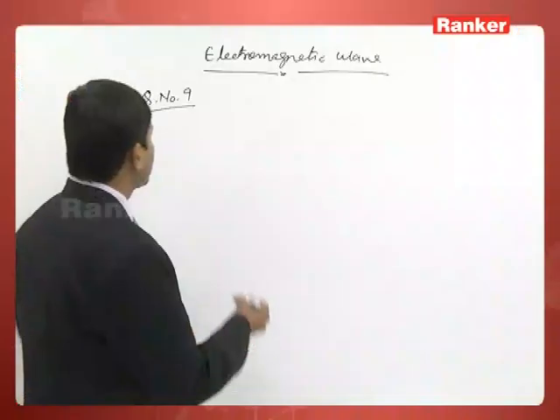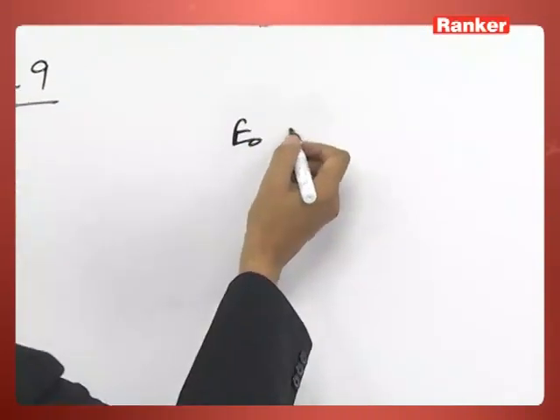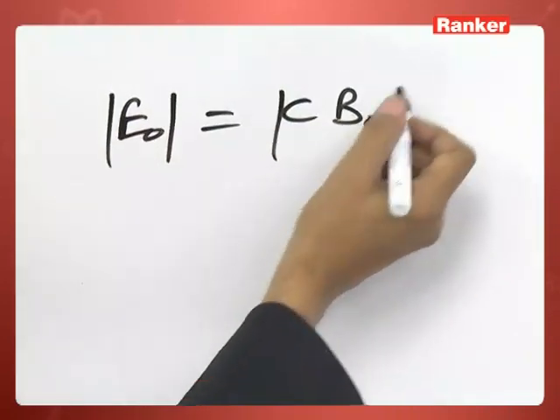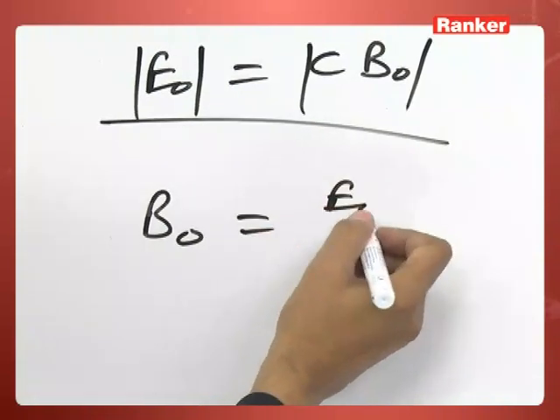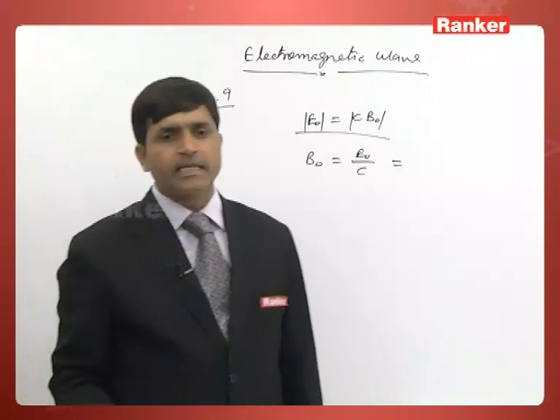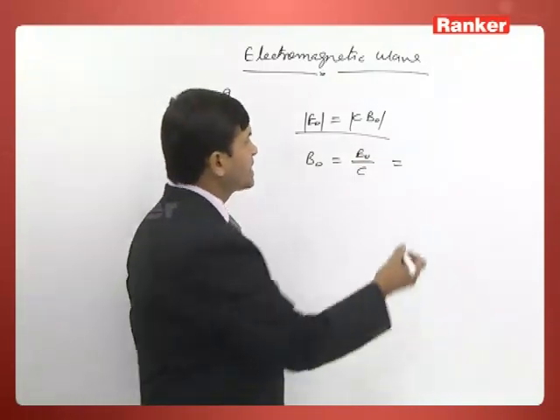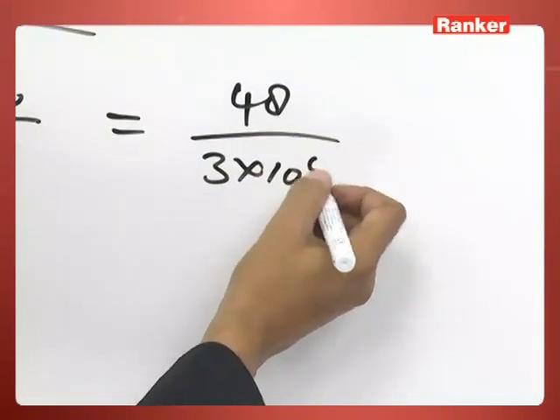See, in an electromagnetic wave, the electric field is written as E = c B naught in terms of magnitude. So B naught is equal to E naught by c. The electric field magnitude is given as 48 and c is 3 × 10^8.